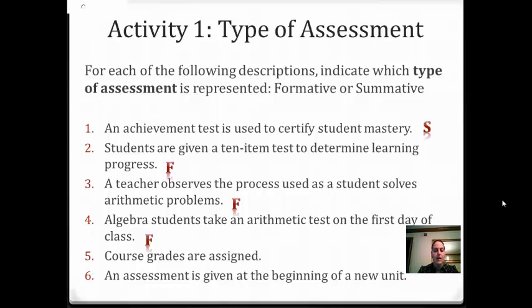Number 5, course grades are assigned. Summative, right? Course grades represent everything that the student has learned in that year. Number 6, an assessment is given at the beginning of a new unit. Formative. Again, similar to number 4, where the teacher is trying to gauge what the students know before they get into the unit.